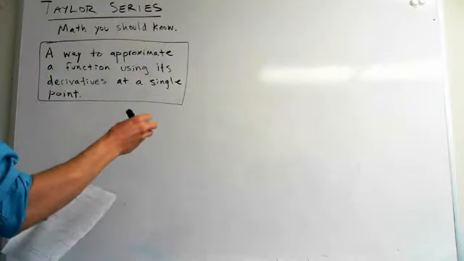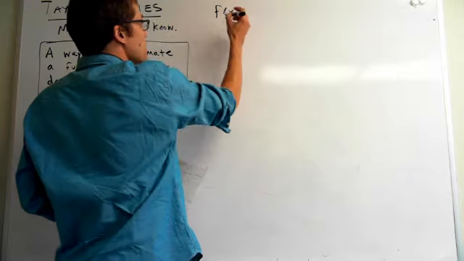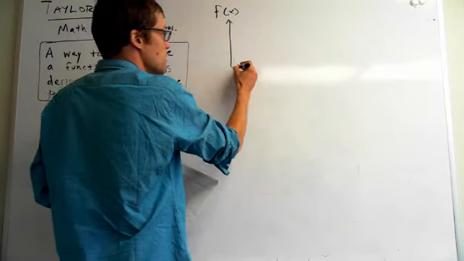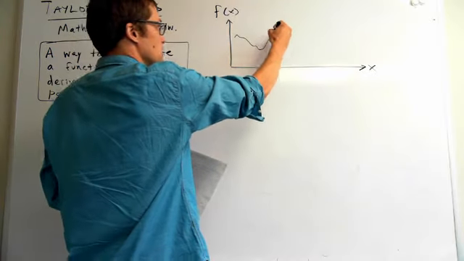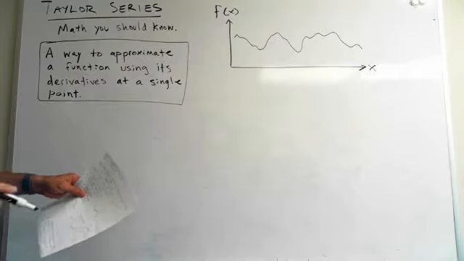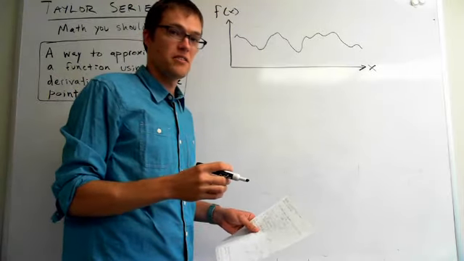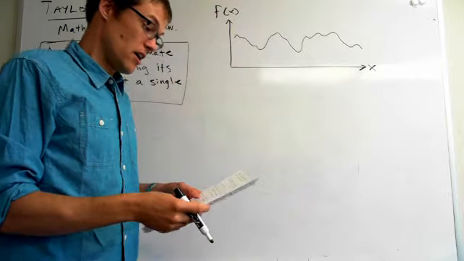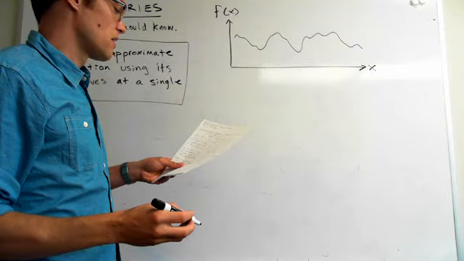Okay, so if you have some function f of x, and this could be any old function. In our case, we're often working with more well-behaved functions than the one I've drawn here, like sines and cosines and exponentials. But for the moment, let's just think of it in general terms.